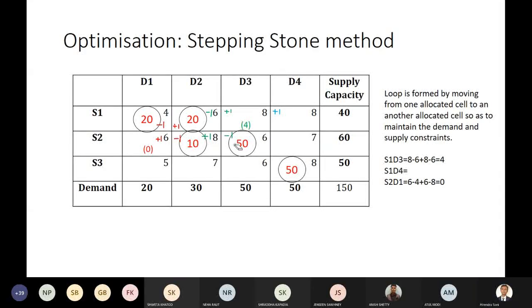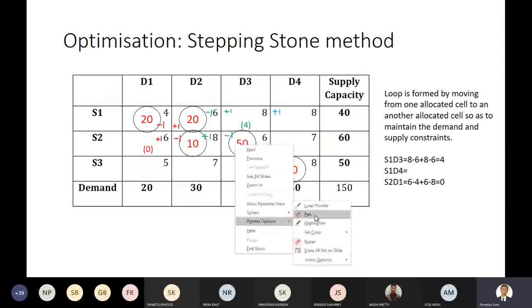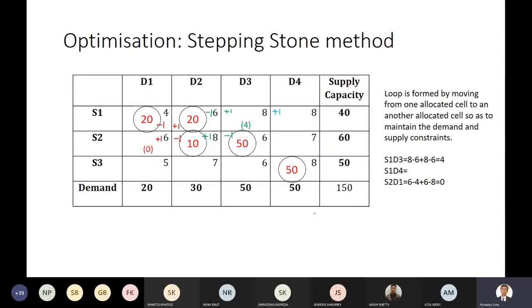So what we'll do is, since the number of allocations are less, this is why we are getting this problem. So we'll assume an allocation in a cell which will help us in completing the loop.